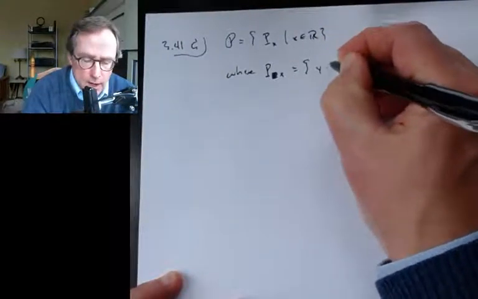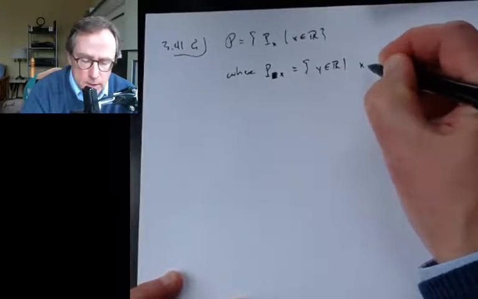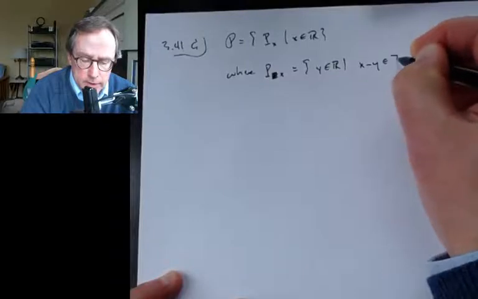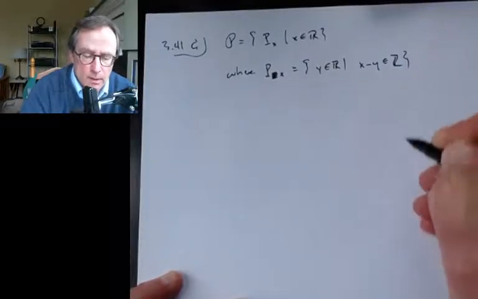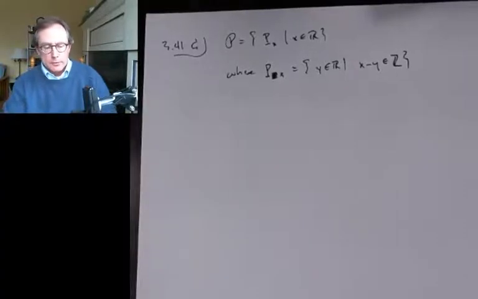It's a set of y's where x minus y is an integer. So for example, if x is 1.23, then y could be 5.23 or 9.23, sort of stuff, 0.23.